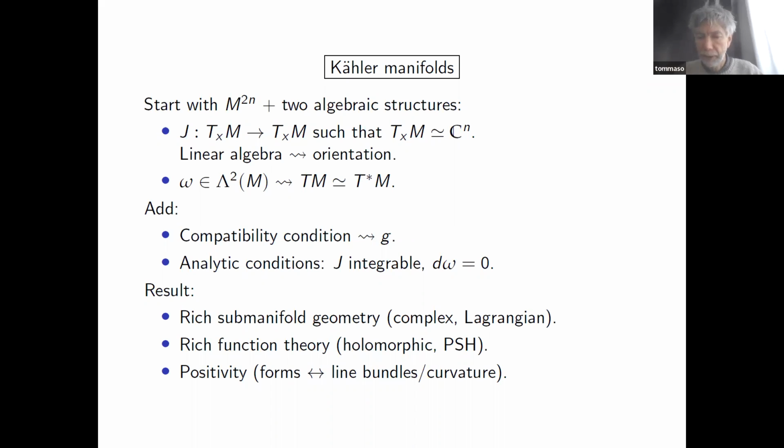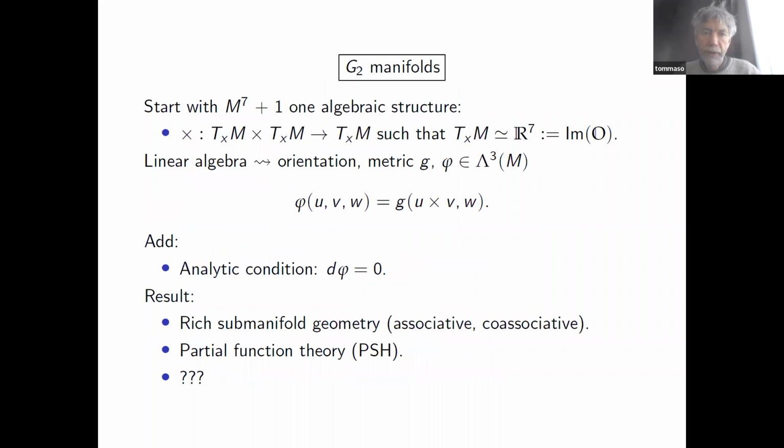We will come back to this later on. And then there are some additional ingredients, such as a notion of positivity, which, for example, we can define using differential forms, but then it has a geometric meaning in terms of line bundles and curvature. So this is the basic structure of Kähler manifolds, and we shall use it as the comparison for G2 manifolds.